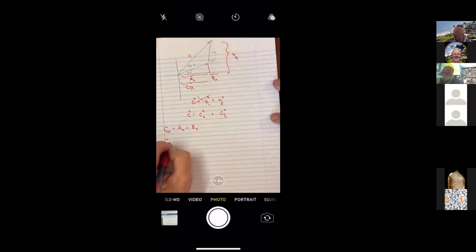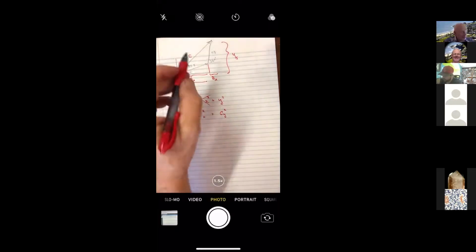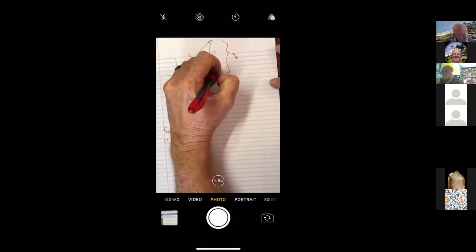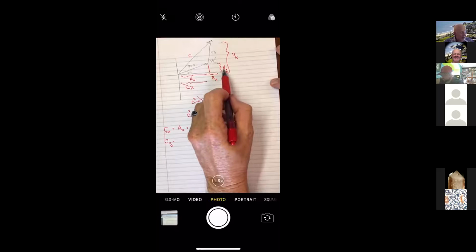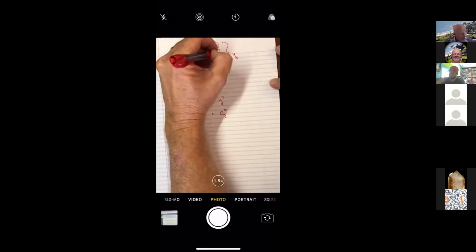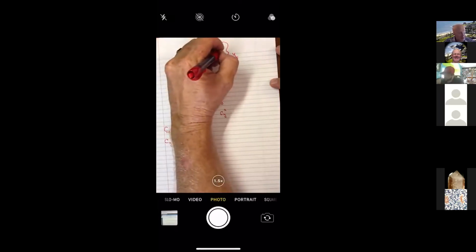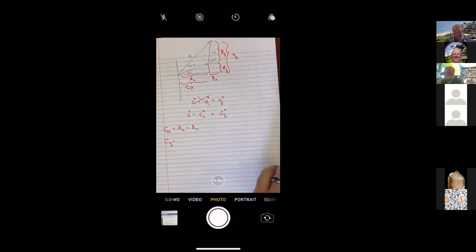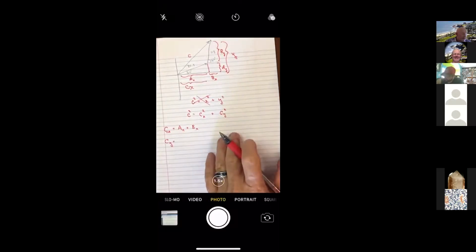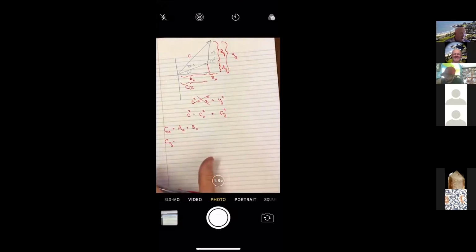And the same logic in the y direction: this would be the vertical height for the A vector, so call it A sub y, and this would be the vertical height of the y component, so call it B sub y.